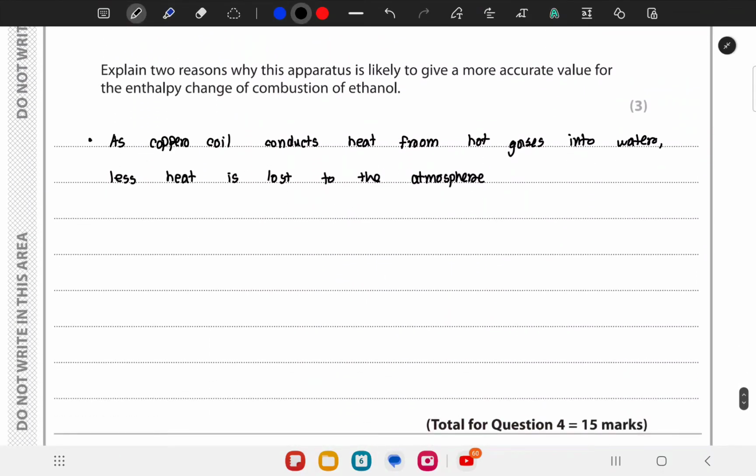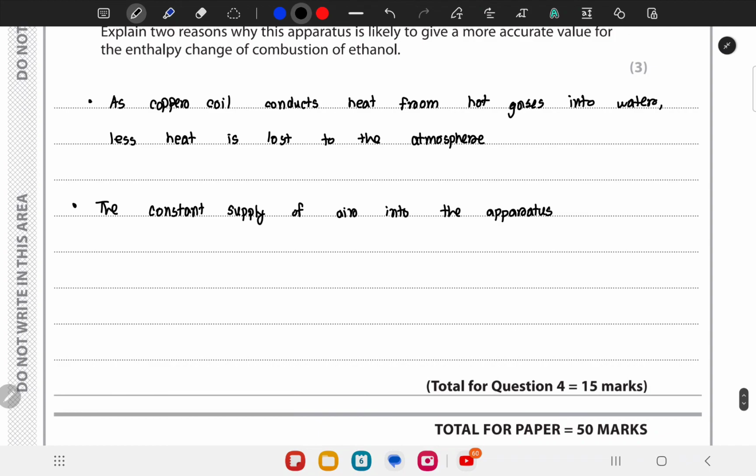So a constant supply of air into the apparatus causes the chance of incomplete combustion to decrease.